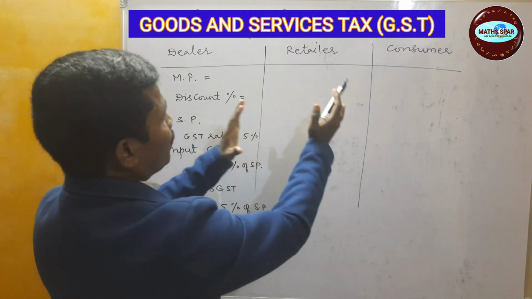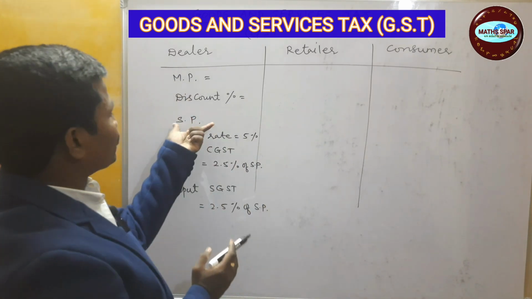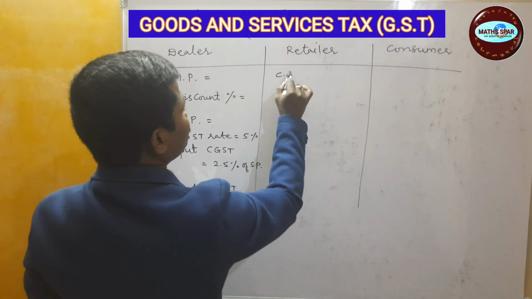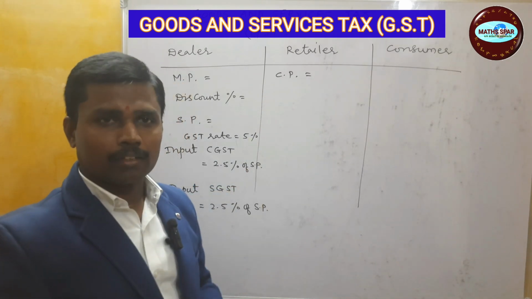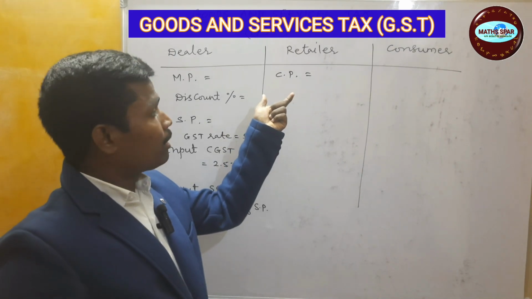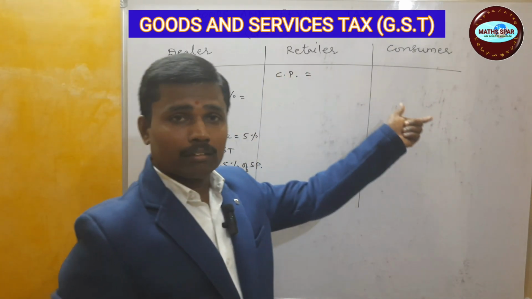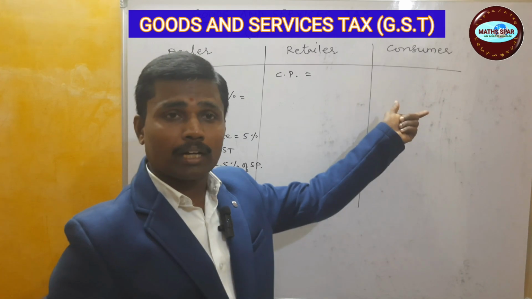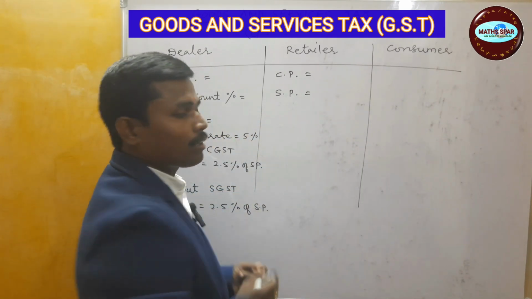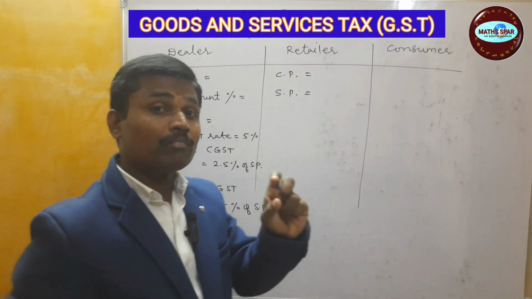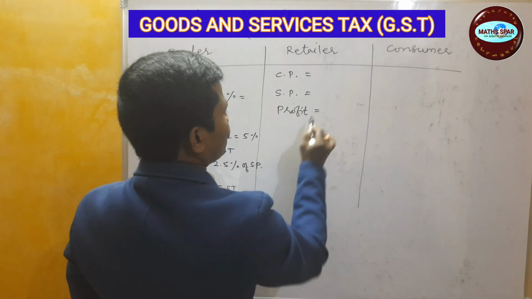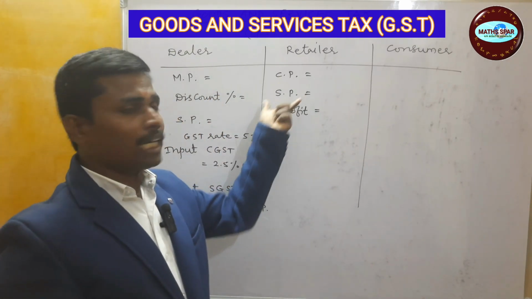Then retailer, whatever selling price is there at dealer will become cost price for the retailer. Then this retailer, if he is selling the good to the consumer at a certain price, that will be nothing but SP. Or sometimes the question will be given with profit or profit percent. If profit is given, you will find SP.